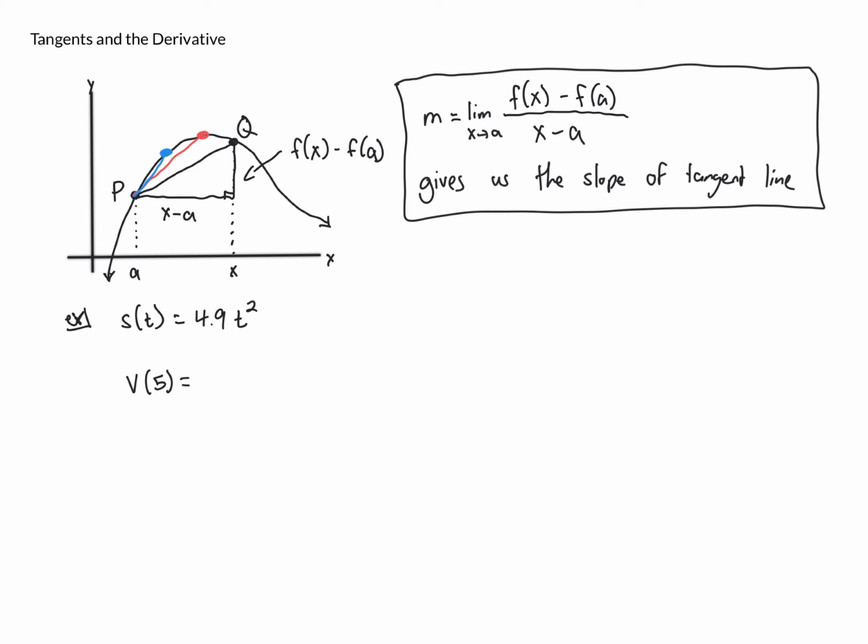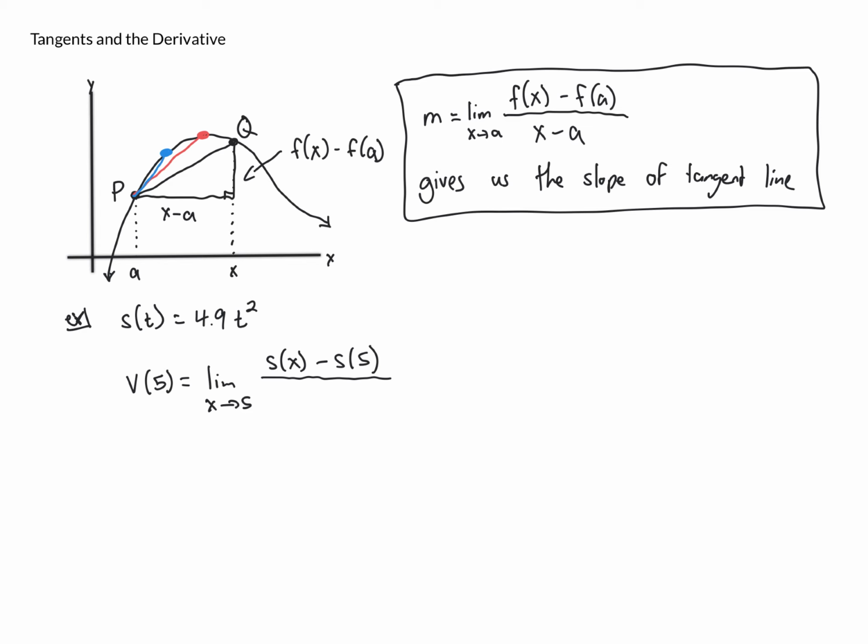Well, the instantaneous velocity at that time is going to be the limit as x approaches 5 of s of x minus s of 5. I'm taking the formula we have up here, but instead of considering it as slope, we're considering it as instantaneous velocity.